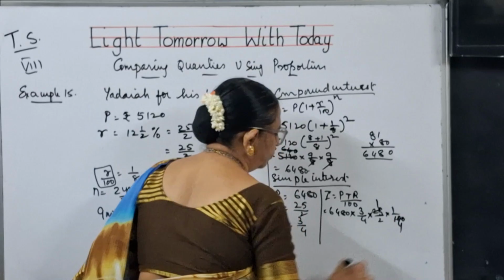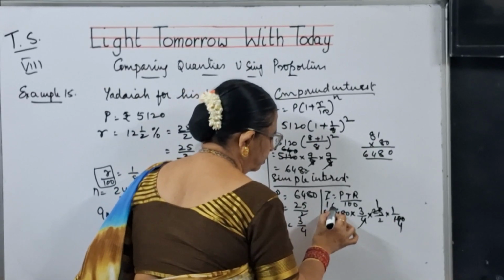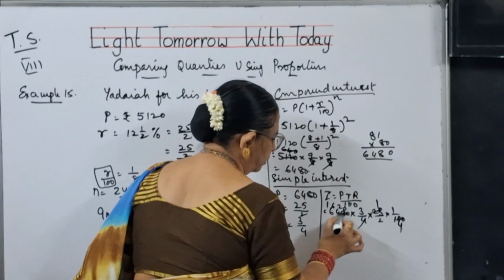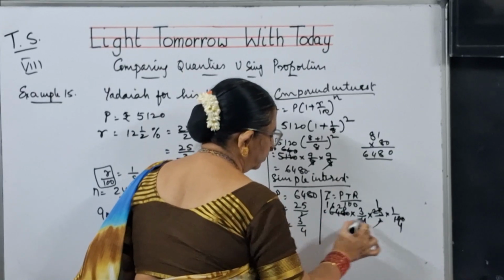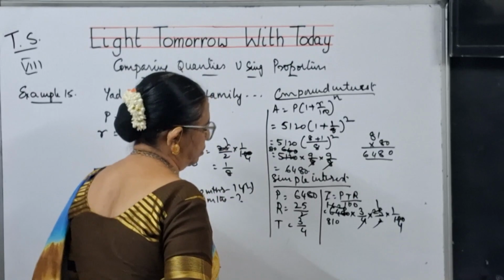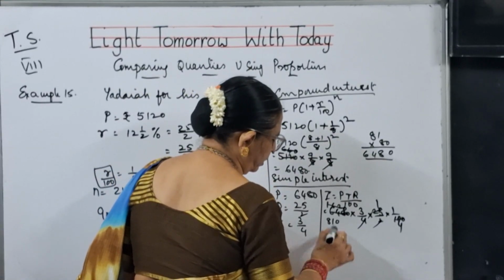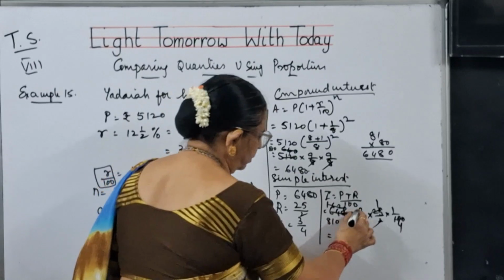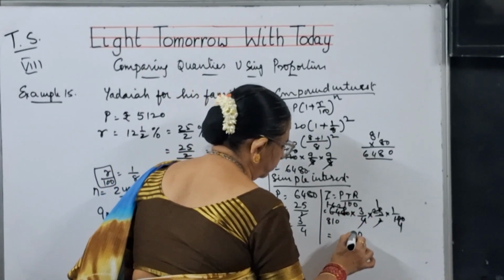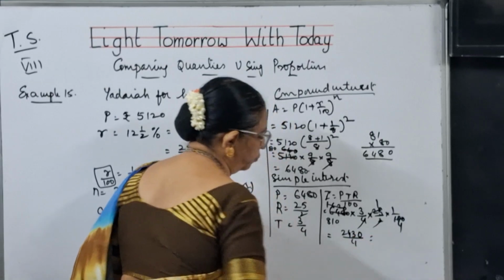25 ones are 25, fours are. Again, 4 ones are 4, 4 6s are, 4 twos are 0. 2 8s are, 2 1s are 0. Okay, so now you can get it as 8 10 into 3 0, 3 1s are 3, 3 8s are 24 by 4.